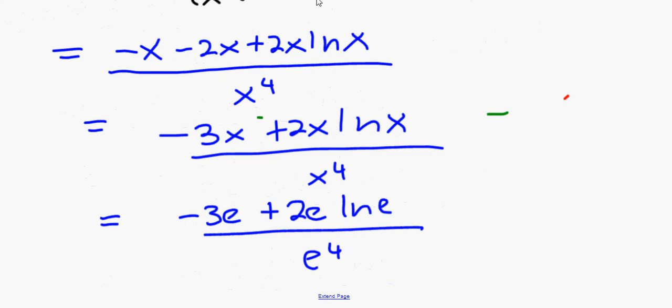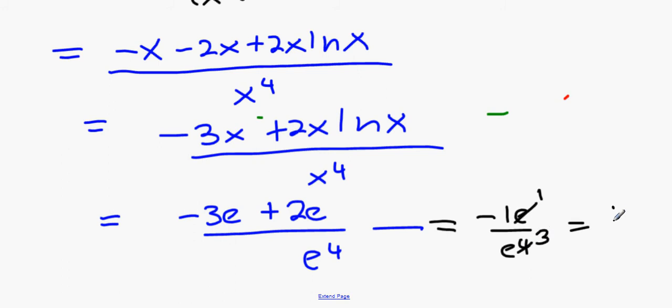So what's going to happen here is ln e is 1. 2e multiplied by 1 is 2e, so it might as well not be there. So we're going to get minus 3e plus 2e, which is minus 1e over e to the 4. And that's going to be cancelled off, e to the power 1 with e to the power 4. So it's going to be minus 1 over e to the power 3.